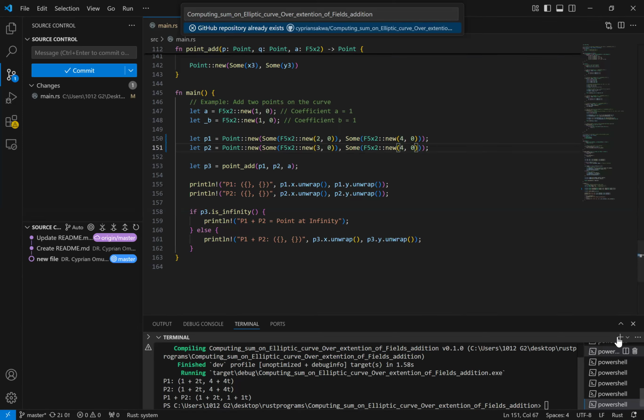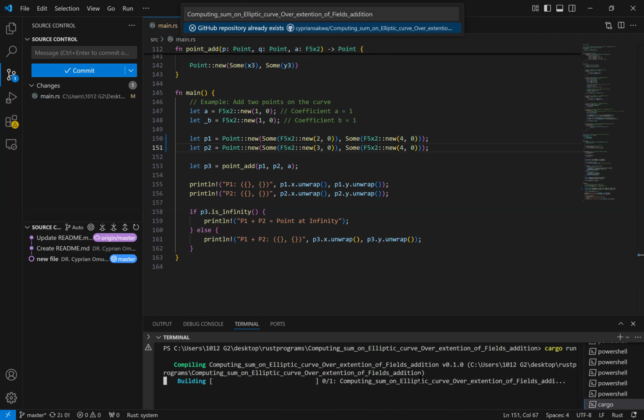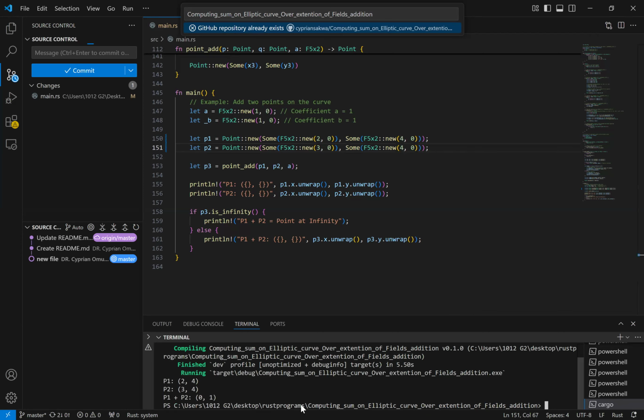So when I now ask for their sum, you can see what it has printed down here.